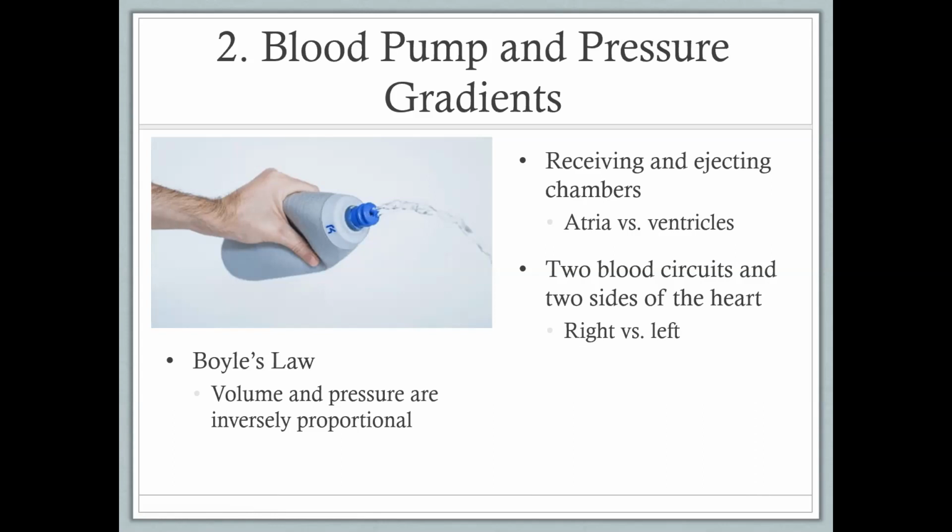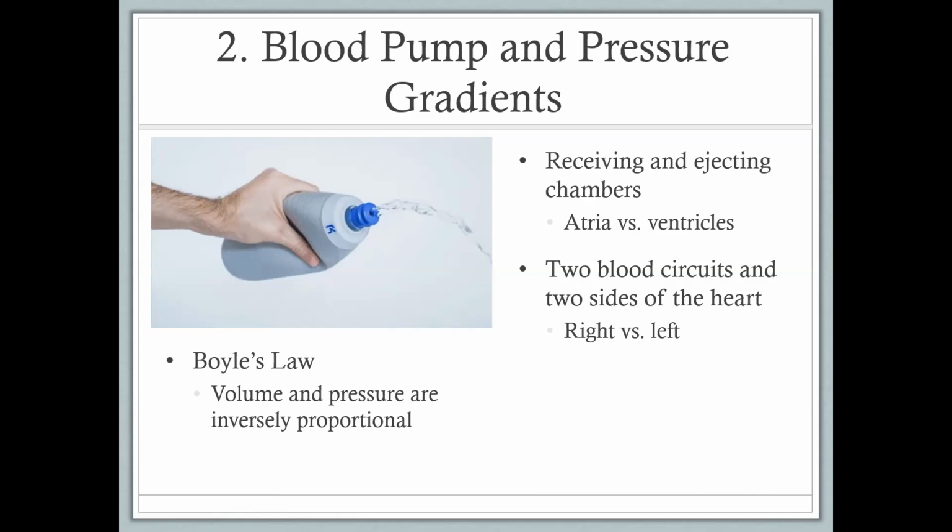So this leads into step number two, which is the blood pump and the pressure gradients. You can see I have a picture of a water bottle here, and we know if you want to get water out of a water bottle, you squeeze it. When you squeeze the water bottle, you decrease the volume, as you can see here in the image. When the volume decreases, pressure inside the water bottle increases.